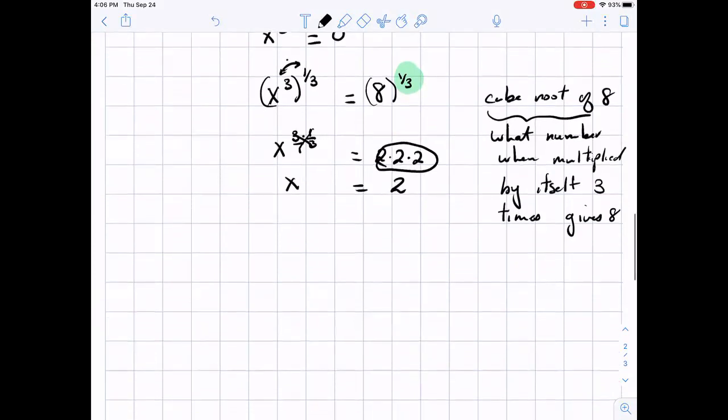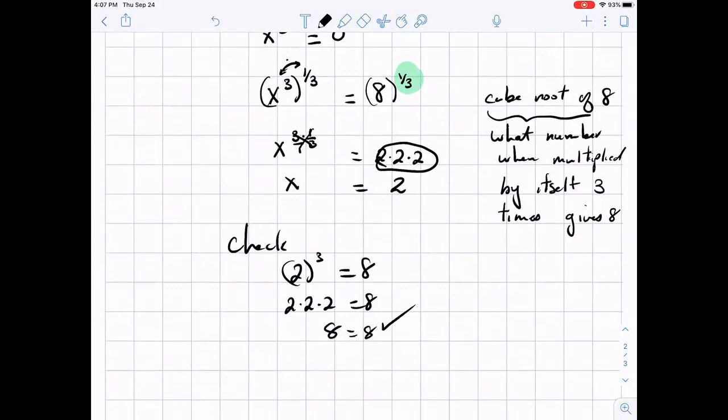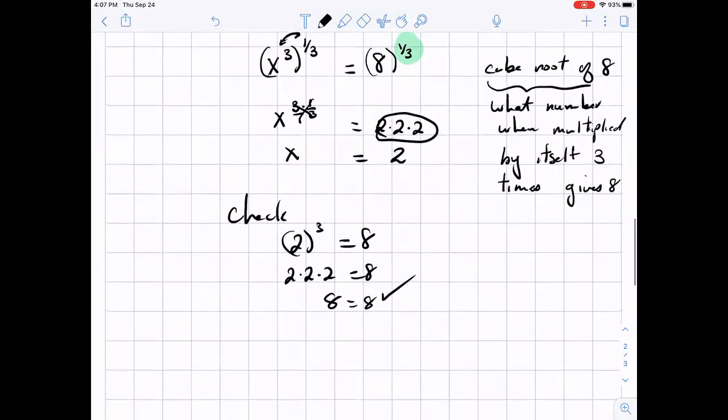And you can see the check, right? If you check, 2 to the 3rd power is equal to 8. So 2 times 2 times 2 is equal to 8, so 8 is equal to 8, and that checks. So the whole point here is to show that we usually do things not realizing what we've been doing. We know that to get rid of a cube on one side, we take the cube root of the other. Or to get rid of a square, we take the square root of it.